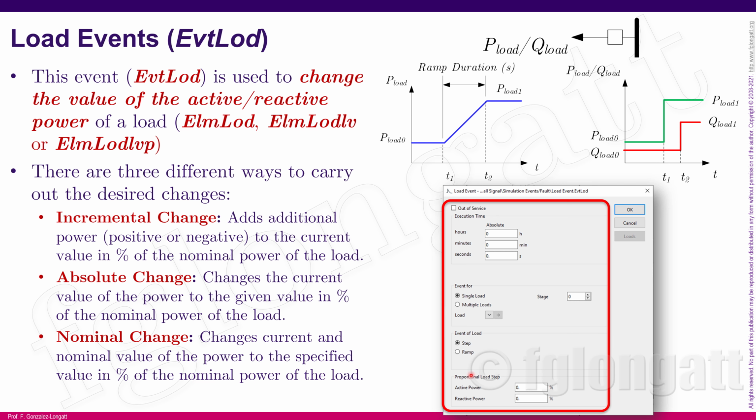And if you are using a step, what you need to define is just the size of that step. You can use incremental changes in percentages or absolute changes and so on, okay? This is an event that we will be using, especially for frequency stability. We will be running some practical sessions with this event later, okay?